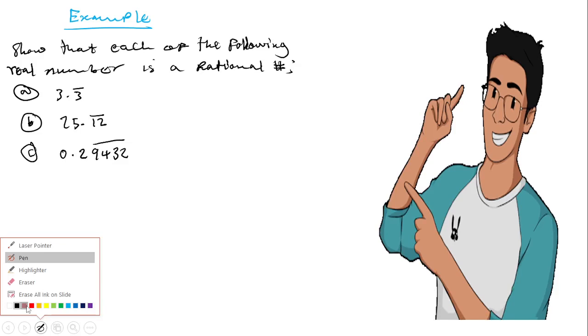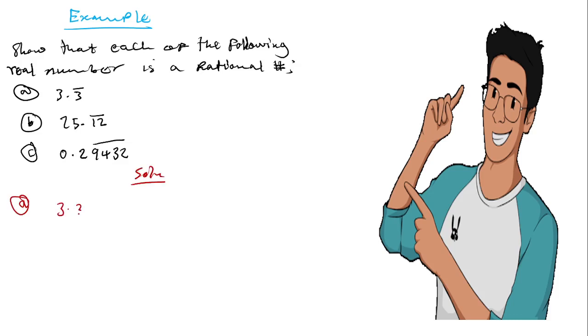So solution. I'm going to pick my A, which is 3.3 bar. If you look at 3.3 bar, it is simply saying that 3 is being repeated. So the first thing that you need to do, I'm repeating that and I'm emphasizing on it, is count the number of decimal places.